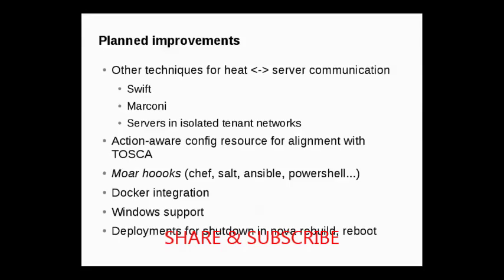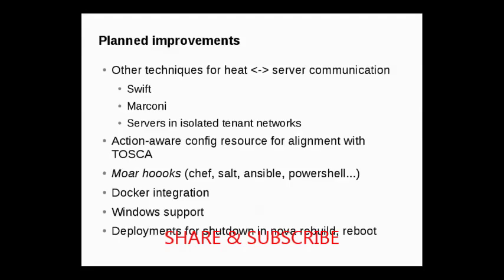But there's the odd thing that we will be doing in Juno on heat itself. We'll be looking at other techniques for communication between heat and the server, so alternatives to the polling and the signaling that we do currently. We'll be looking at using Swift as our store for the data, so we can take the polling pressure off heat itself.